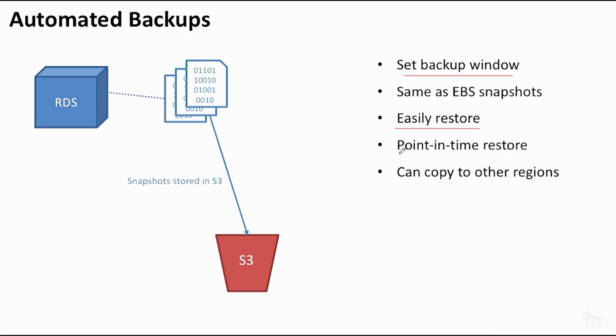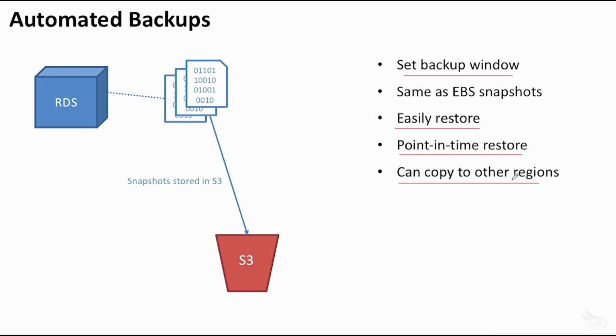We also have the ability to create point-in-time restorations from binary logs. And very much like EBS snapshots, we can copy our backups to other regions to get that geographical diversity. Or if we wanted to recreate that database somewhere else, we could just copy it to another region and then create another RDS instance from that backup.